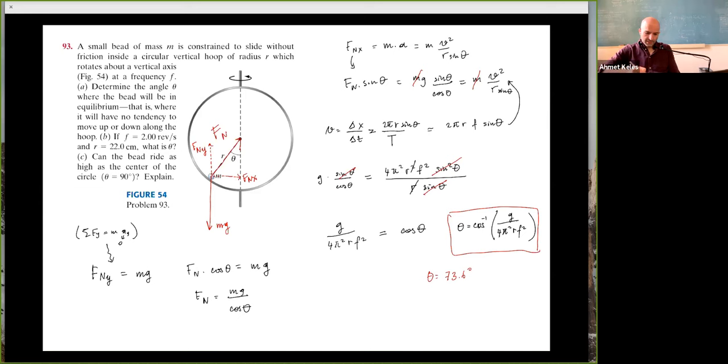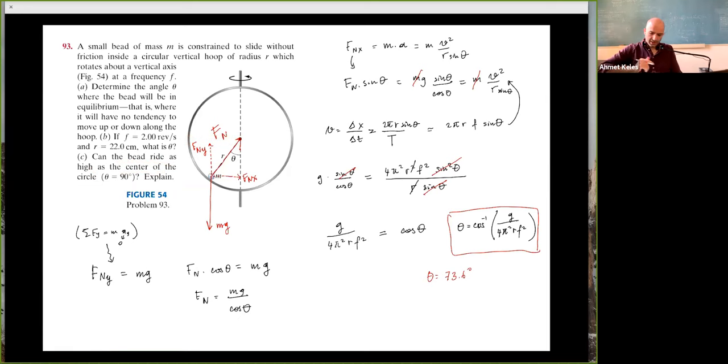Okay, let's finish with this. Can the bead rise as high as the center of the circle? Which means theta is equal to 90 degrees, so it's completely horizontal. Can this happen, and explain? What would you say? Can I go all the way to here? No, right? Why? Because then there is no normal force.